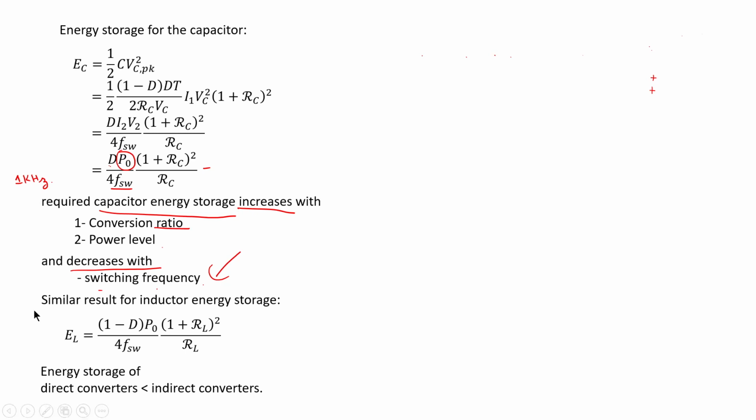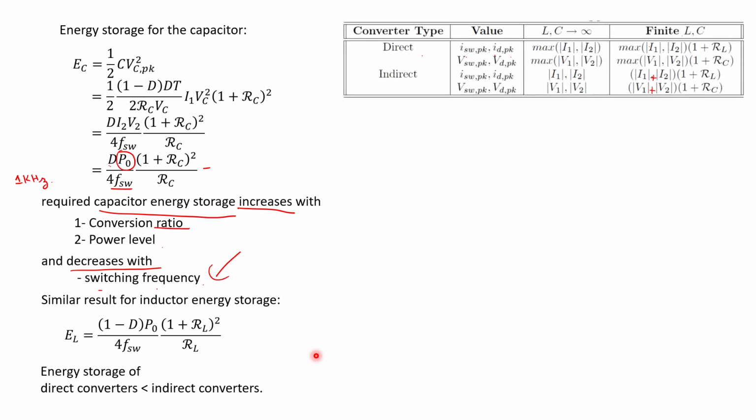Also, the energy storage for direct converter is always less than that of indirect converter. Okay. And I think this is just a summary of what I showed earlier.